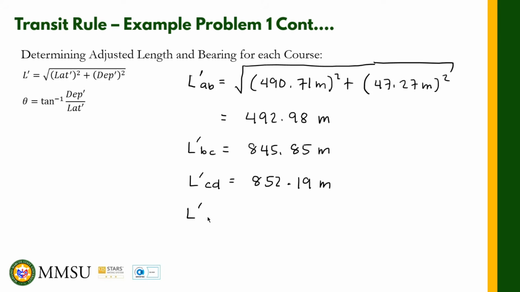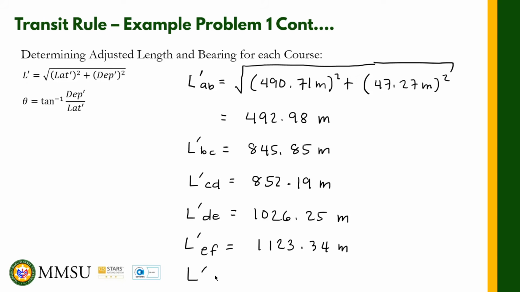For the adjusted length of DE, if we employ the same formula, we should come up with 1026.25 meters. For the adjusted length of EF, using the same formula, we should come up with 1123.34 meters. And finally, for the adjusted length of FA, we should come up with 661.27 meters. So these are the adjusted lengths for each course.